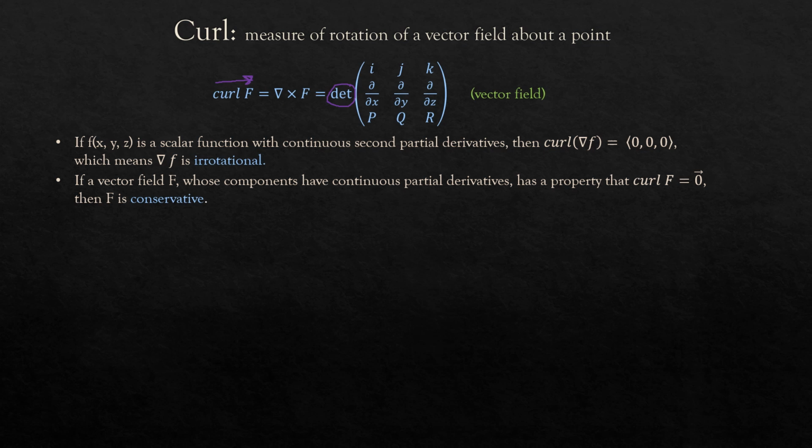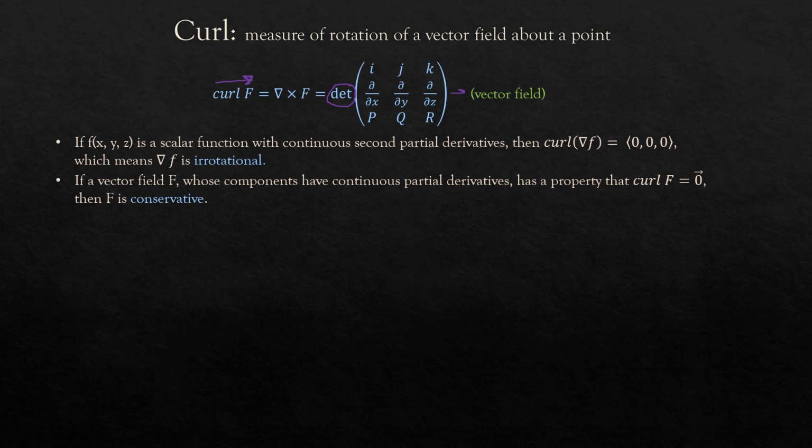So we set up i, j, and k on the first row of the matrix. On the second row, we put our operators, partial derivatives, d dx, d dy, d dz. Okay, and on the third row, we put components of the vector field. All right, and notice what the outcome will be.